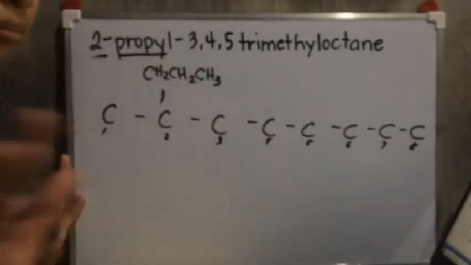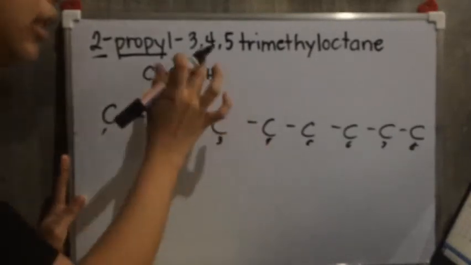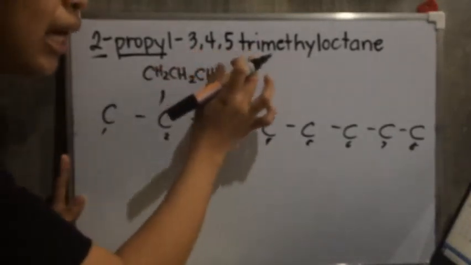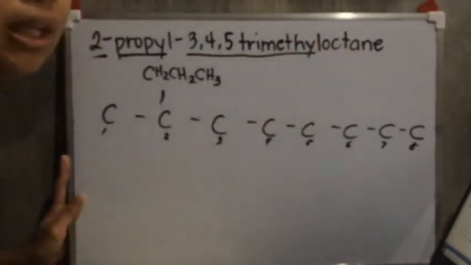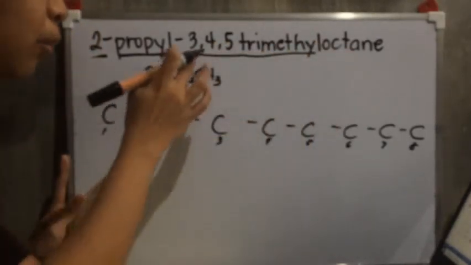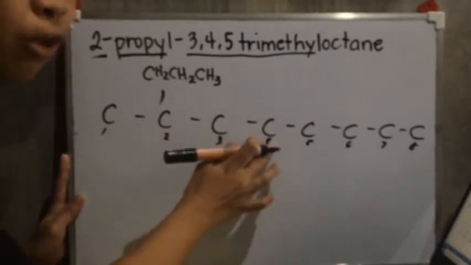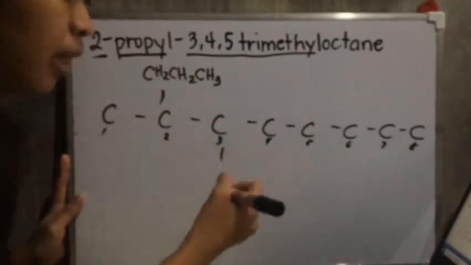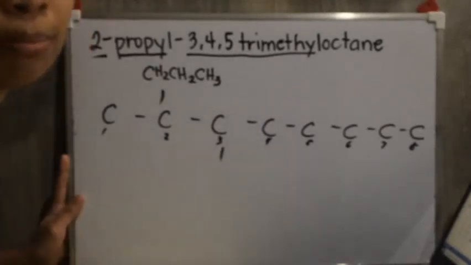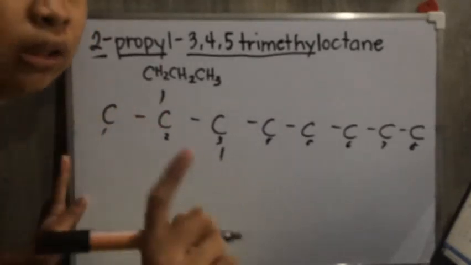Ito na yon. Next is 3,4,5-trimethyl. Ibig sabihin, si carbon number 3, number 4, at number 5 ay merong methyl. Ang methyl natin, di ba, pag met or methane, we only have 1 carbon.